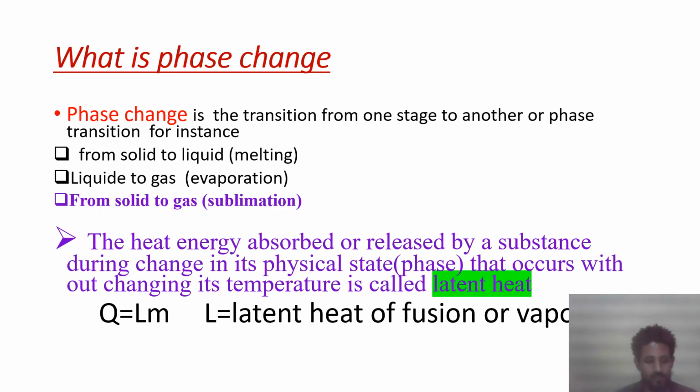Okay, nice. What is phase change? Look at this one. Phase, as I told you, is used to describe the specific state of matter: liquid, solid or gas. So what does phase change mean?